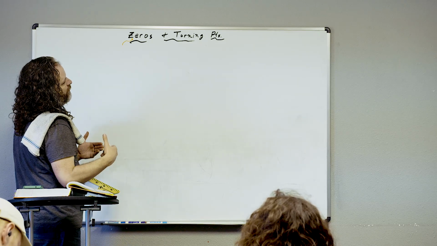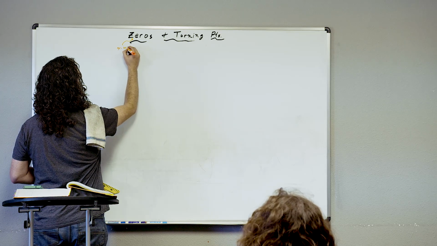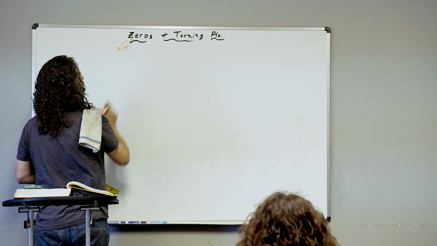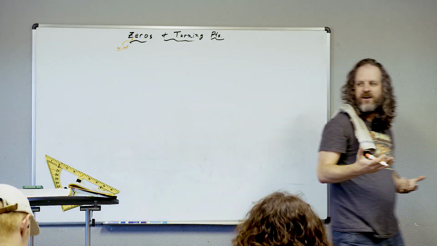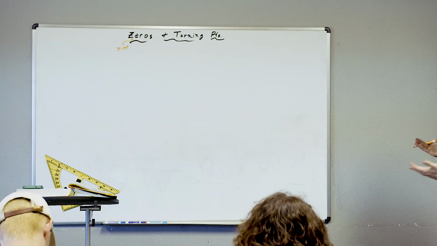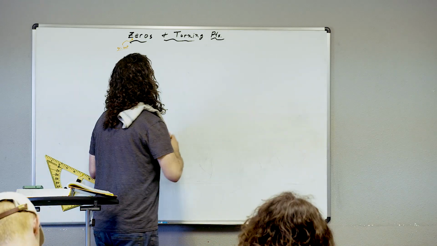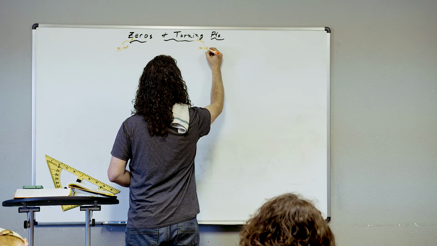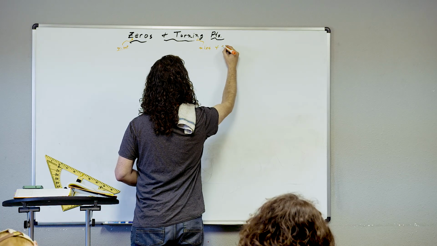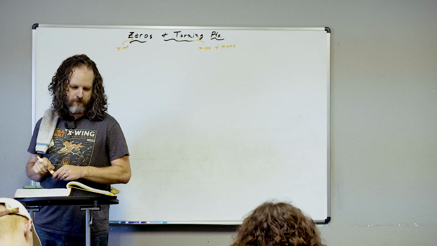So these are the same as the x-intercepts, where it crosses. Turning points would be what? We've used another word for turning points before. The relative minimums and maximums? Yeah, that's right. So the extrema, the mins and maxes. That's what those are.